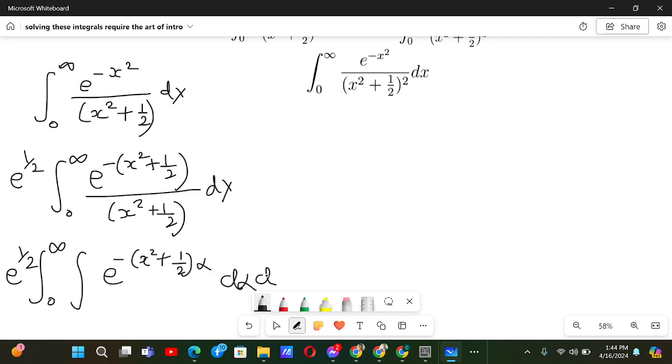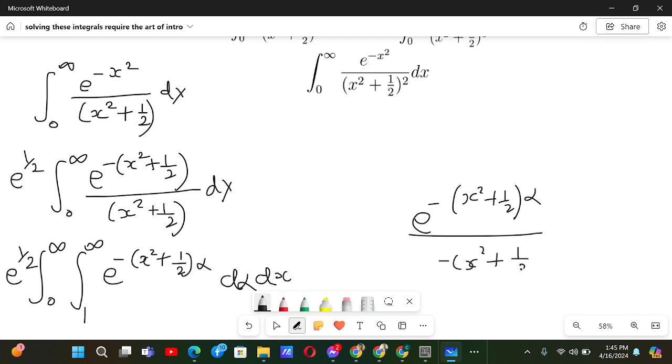This of course brings the coefficient minus (x squared plus 1/2) down. Then I can put the limits of alpha as 1 to infinity, because I will have e to the power minus (x squared plus 1/2) alpha divided by minus (x squared plus 1/2). Now if alpha goes from 1 to infinity, at infinity this is 0, and the minus and the minus make it plus, and we have e to the power minus (x squared plus 1/2) alpha, evaluated at 1, over x squared plus 1/2.